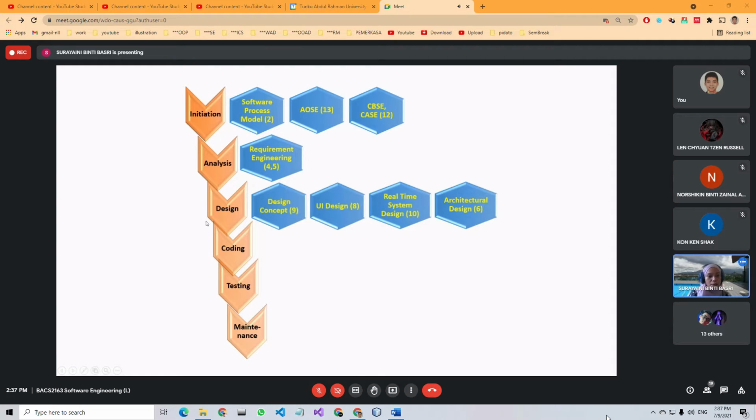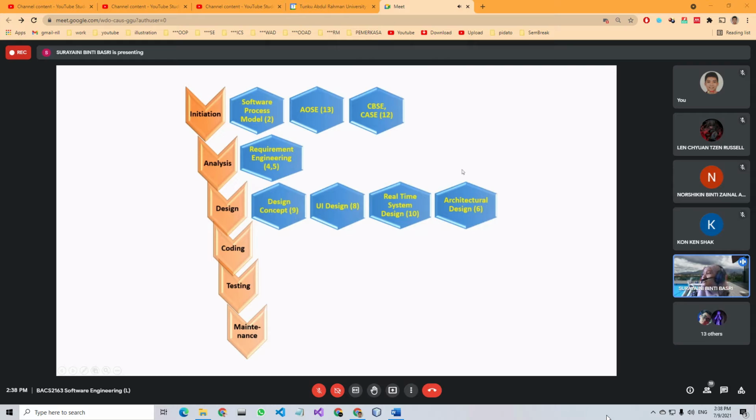There's the third phase, which is the design. So under this design, we will cover a few chapters. What we learned last week is the UI design, which is chapter 8. Today we will learn about design concept, which is in chapter 9.